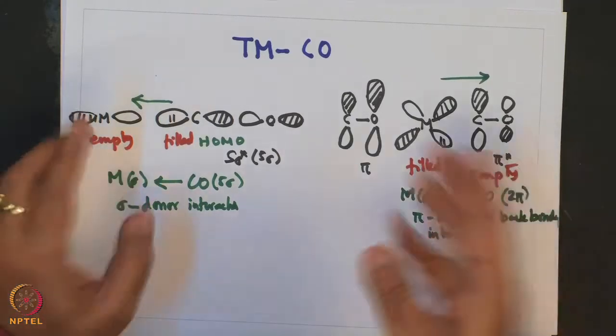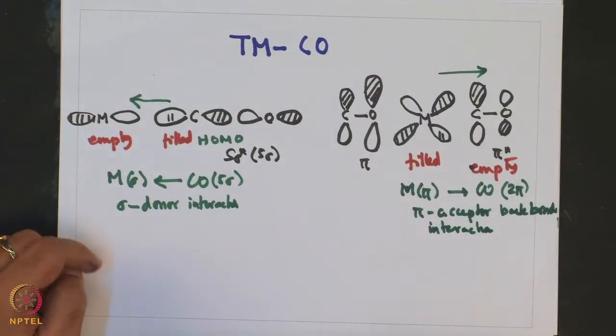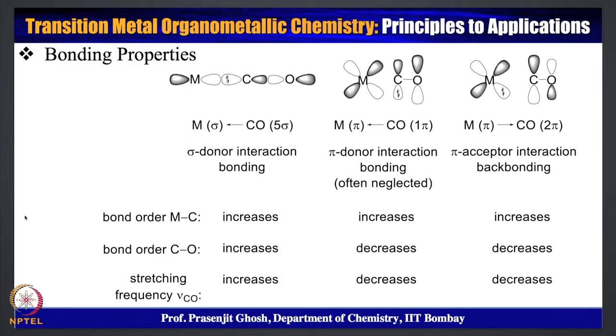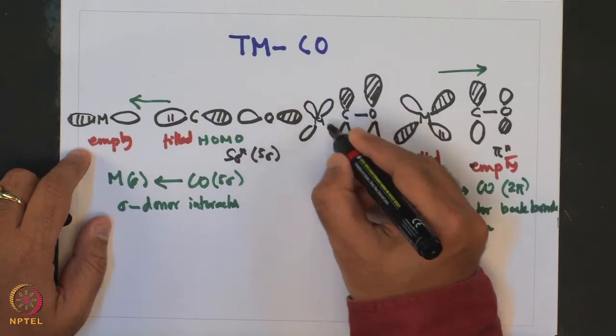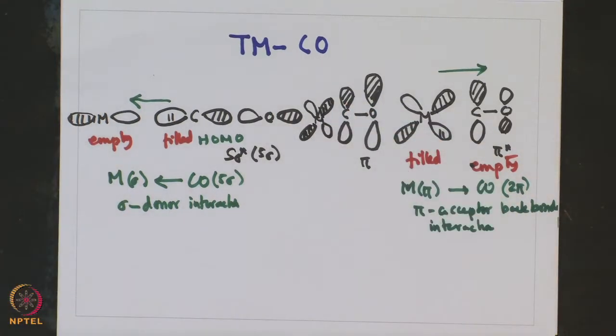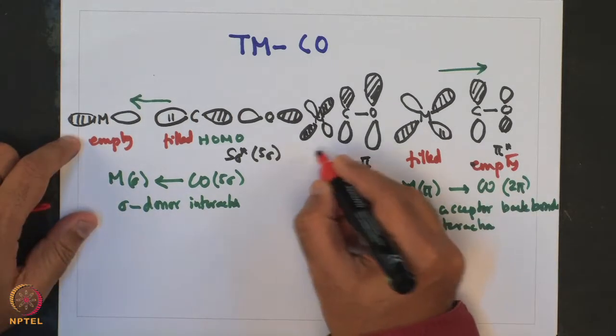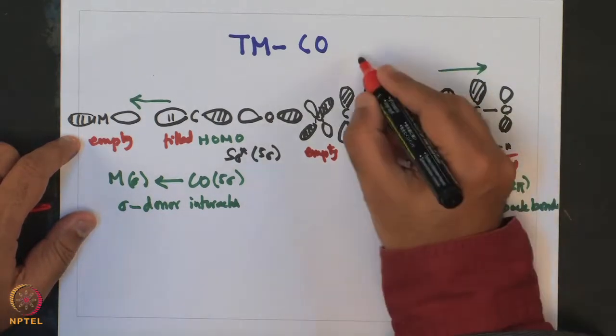Now, apart from these two interactions which have been discussed here, there is another interaction which is often neglected, but nonetheless I would like to show it in this discussion: this CO pi orbital donating electrons to an empty metal pi orbital, and this is filled.